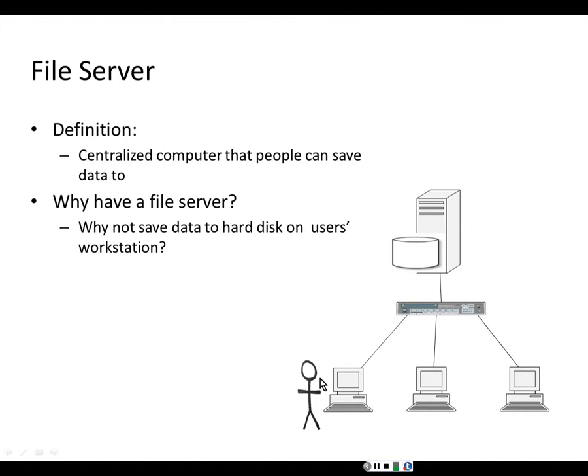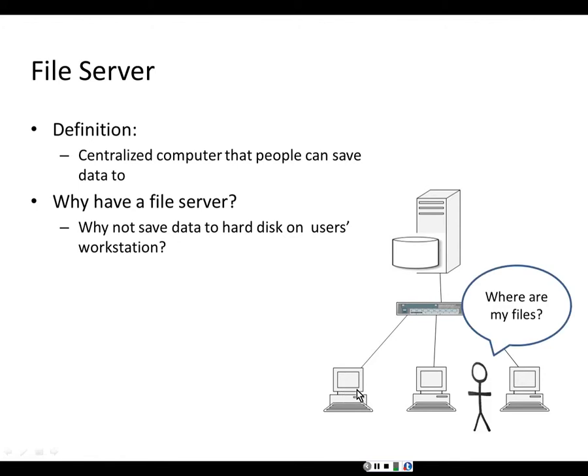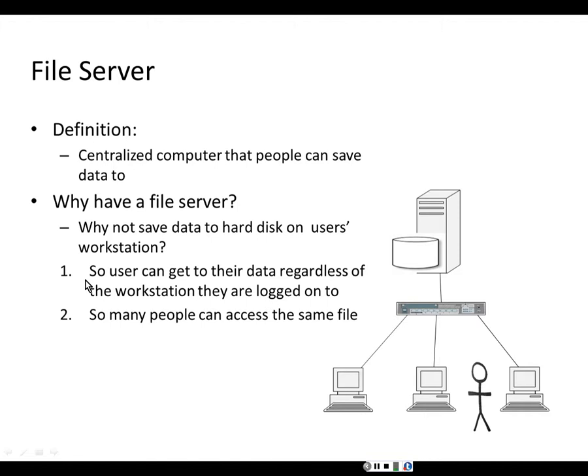The disadvantage is that when a user goes to another computer, the user is unable to get to his or her files. What we do is we tell the user, save the files up to the file server hard disk. If the user saves the file to the file server hard disk, then the users can get to their data regardless of the workstation they are logged onto.